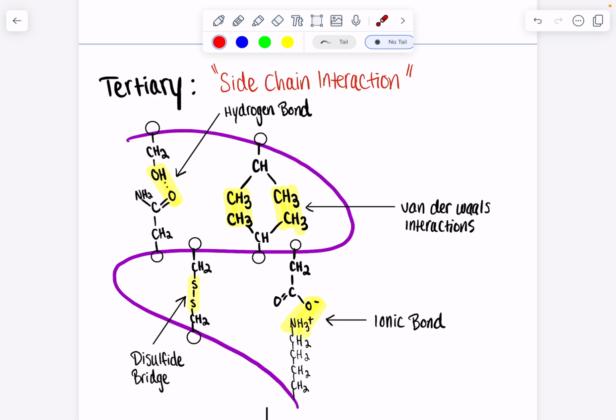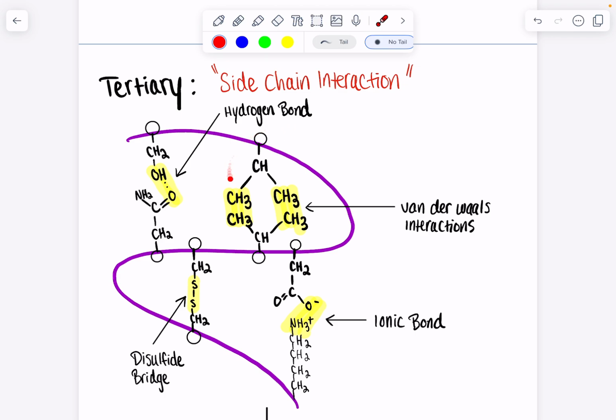As you can see here, the purple line is just a bunch of amino acids bonded together through peptide bonds, and we can see how the side chains of amino acids are interacting among one another.